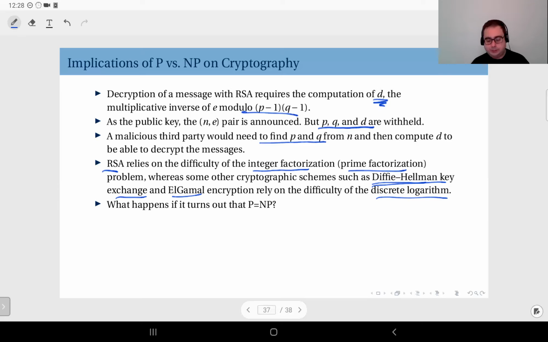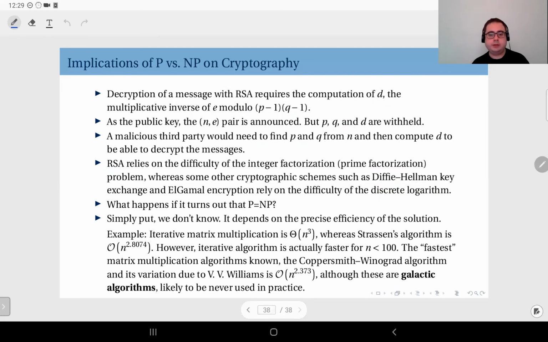Okay, so what happens then? So most people would answer this as, okay, we will not be able to use RSA, we will not be able to use these cryptographic algorithms that are based on the difficulty of either integer factorization or discrete logarithm. But the answer is more complex than that.